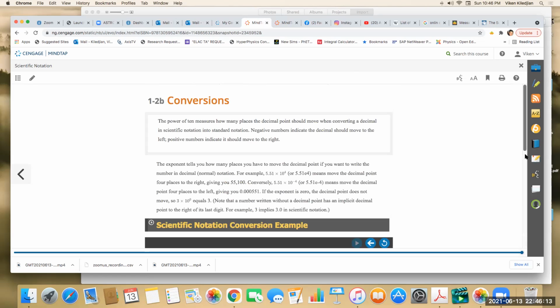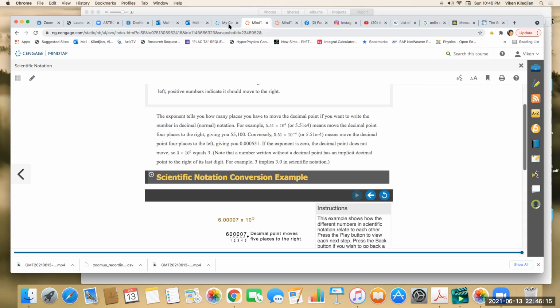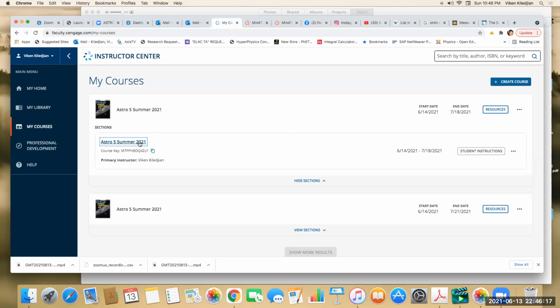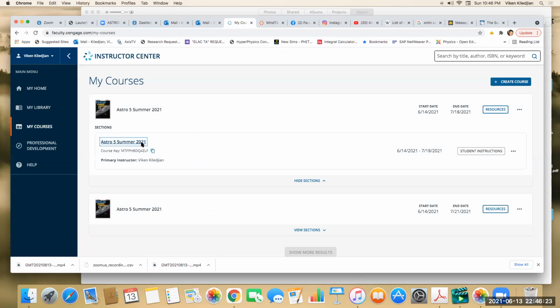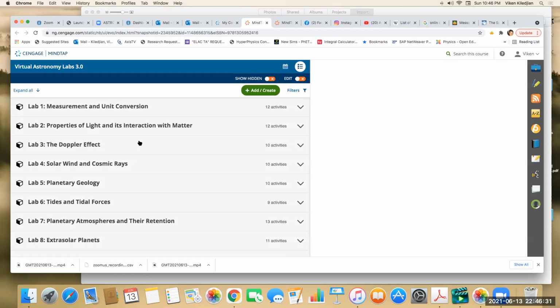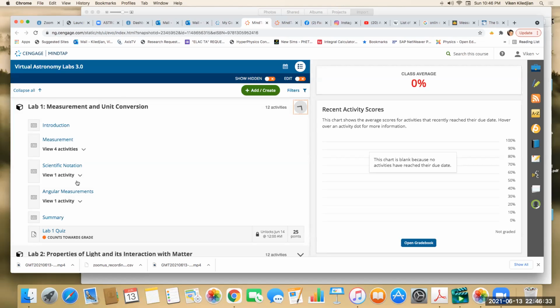See, so when you don't see any more arrow, that means you're done with that unit. So let's exit out of that. Go back to that one. Okay, so now we're done with that one and that one.